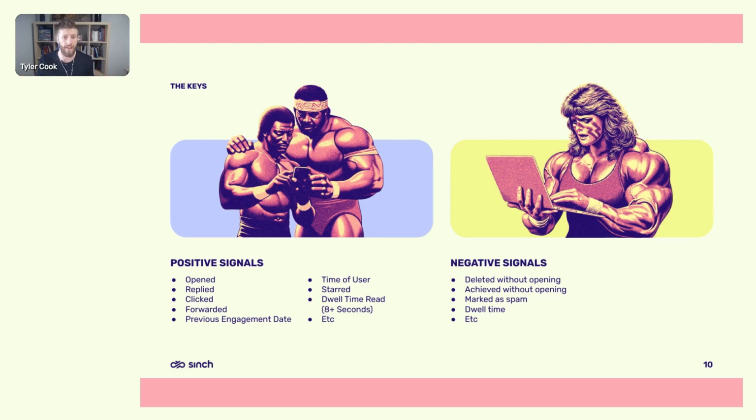Now, what are some negative signals? Again, we don't know the algorithms, specifically, but there are things that we can assume would be negative signals. To give you a few of those would be things like, does the subscriber delete your email without ever opening it, right? That's a signal that means that subscriber was not interested in your content. Did they archive the email without opening? Did they open the email and mark it as spam?